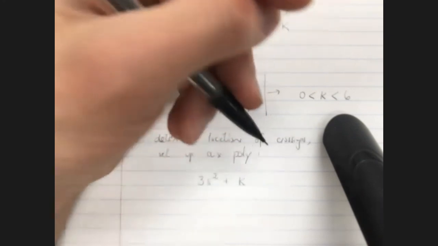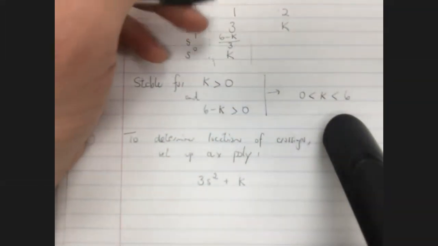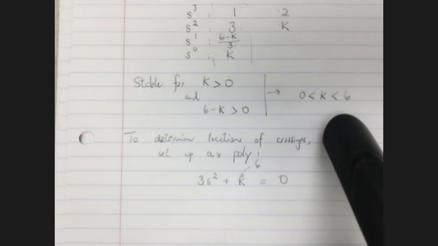So this is going to be the one above the 0, if you all remember from your chapter 6 homework. So we would set up this polynomial right here. So it would be 3s squared plus k equals 0, with k equals 6. So 3s squared plus 6 equals 0.